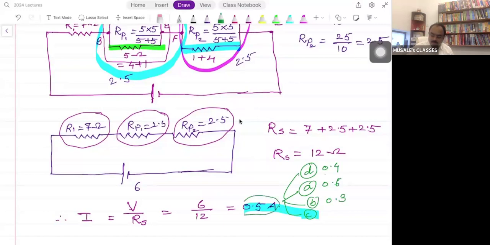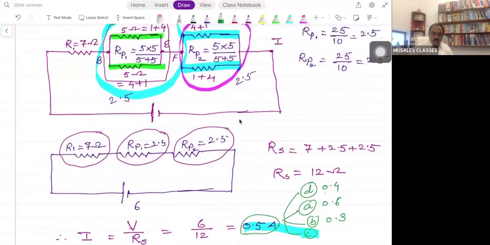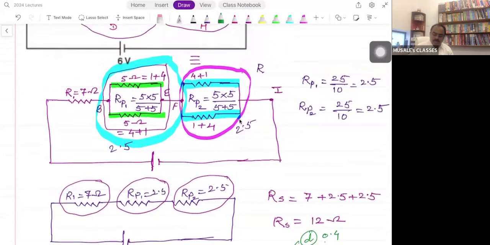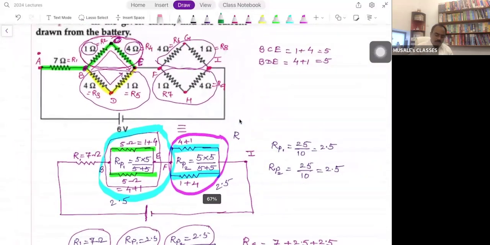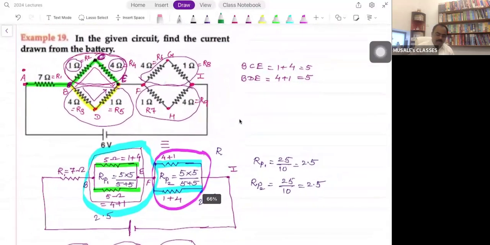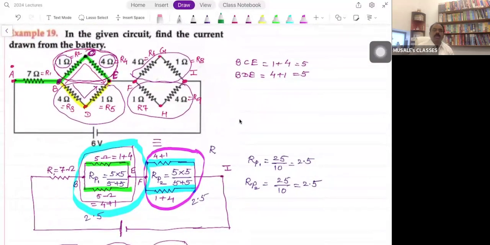Only this one is the correct option. So first draw the equivalent circuits. The 3 circuits that I drew for you, draw them first. Draw them.